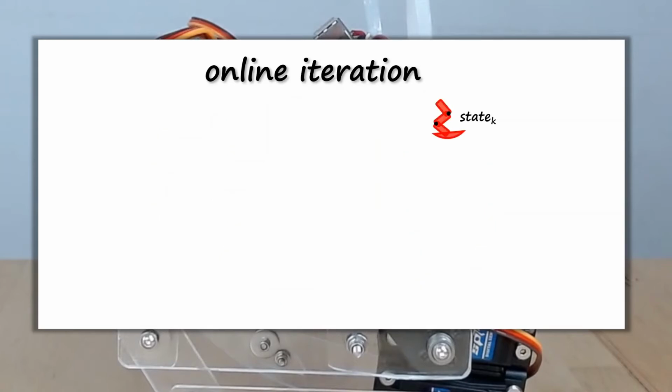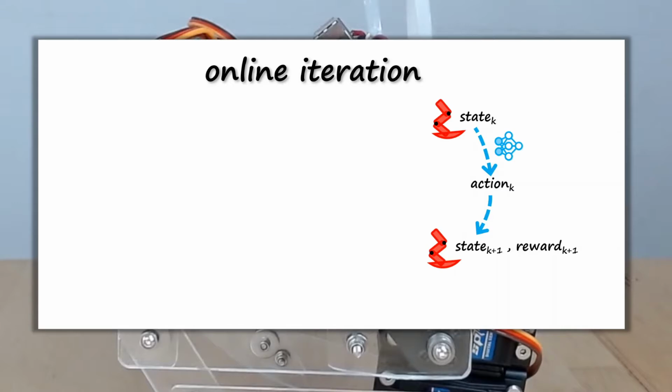We have the legs in some state, and an initial policy. The policy allows us to calculate the next actions to be taken. These get applied to the legs and they move to the next state. For the new state, we can calculate the reward, which is a measure of how good the state is from the perspective of balancing.